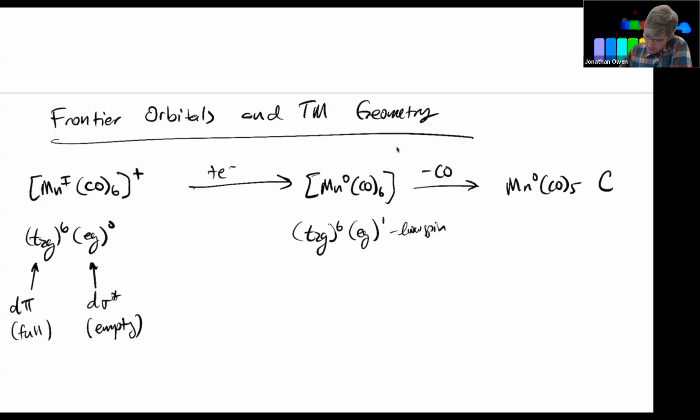And this product has C4v symmetry. This is spontaneous. CO pops right off when you put that electron in there.